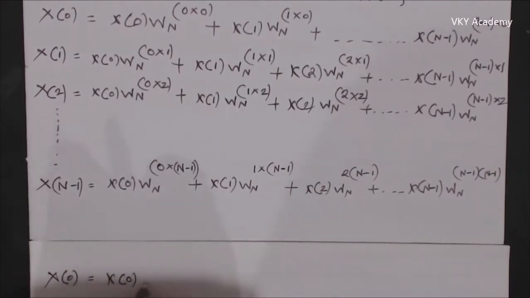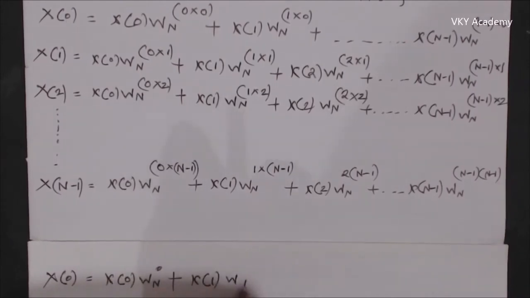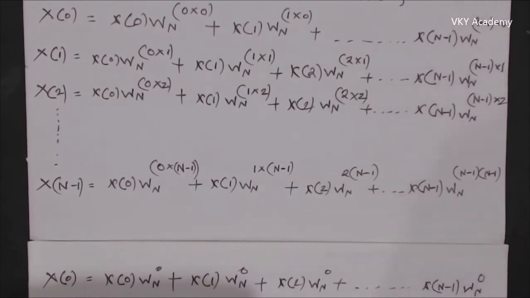Now these above equations can be simplified and can be written as capital X of 0 is x of 0 WN to the power 0 plus x of 1 WN to the power 0 plus x of 2 WN to the power 0 plus x of n minus 1 WN to the power 0.